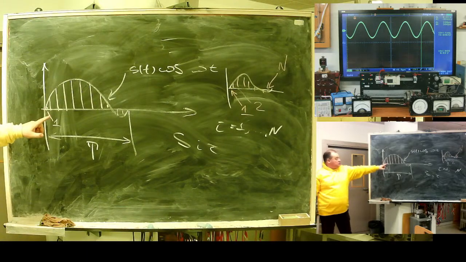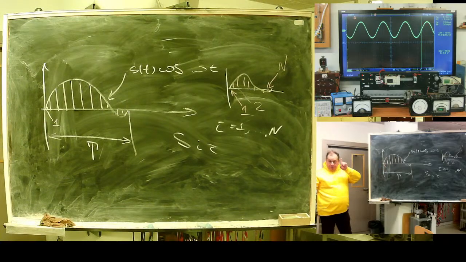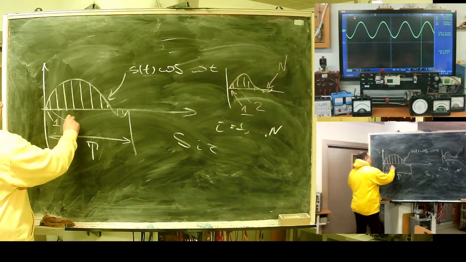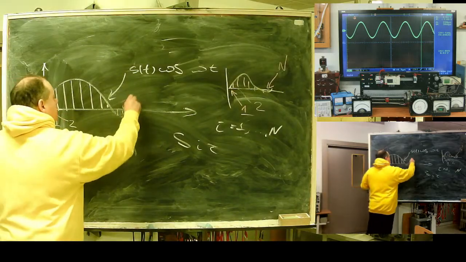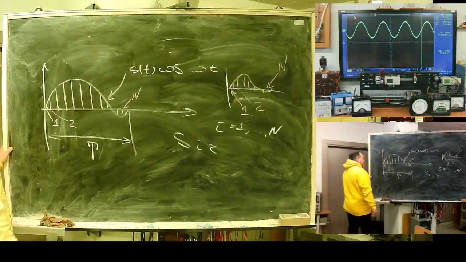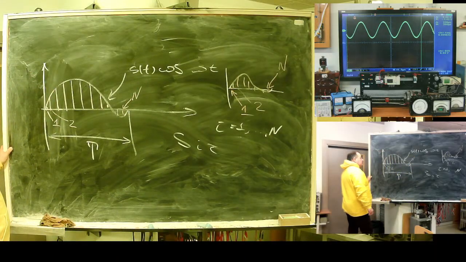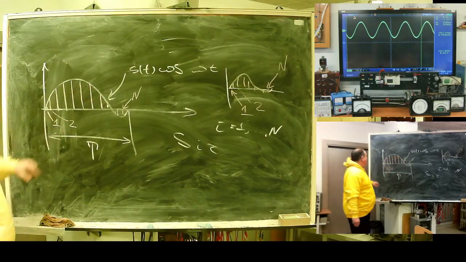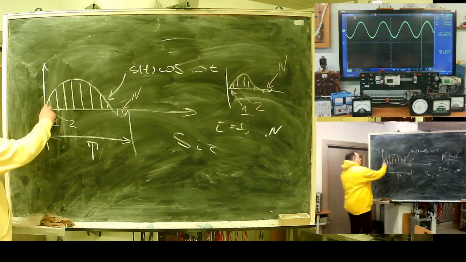Let's say red lines represent the sample array for one period of my signal. I need the area of this figure. I don't have it. But what can I do?